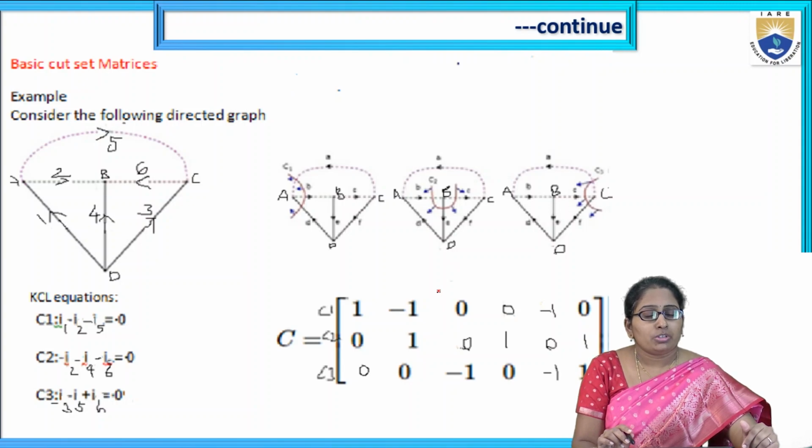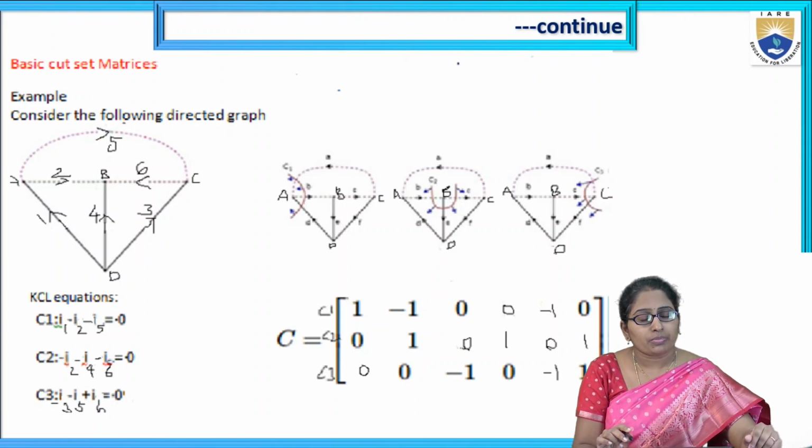So first take the graph, then get the possible number of cut sets, and using that we can write down the cut-set matrix.